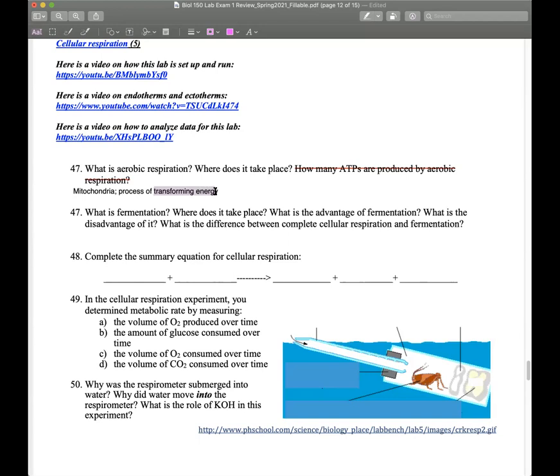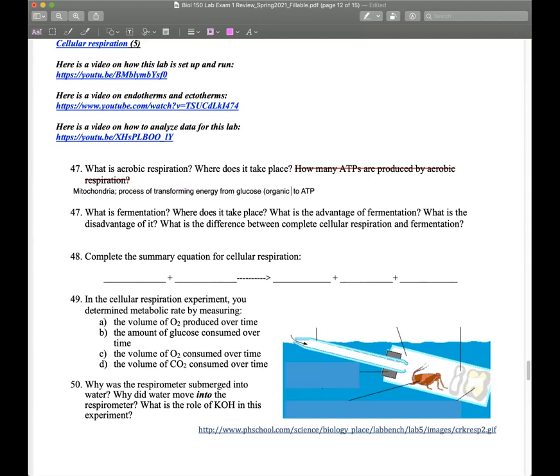What kind of energy? ATP. Okay, so we know we want to get ATP. So we're a process of transforming energy from glucose, or really any organic fuel.